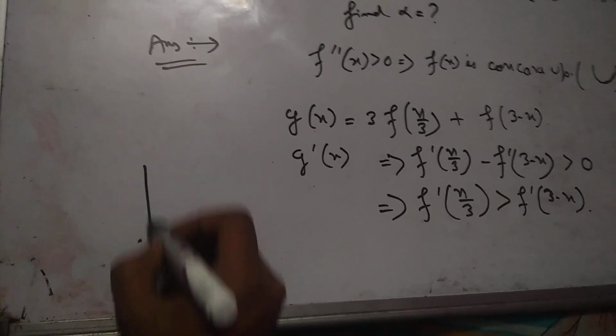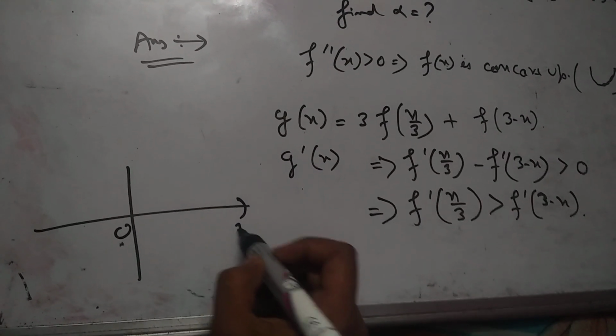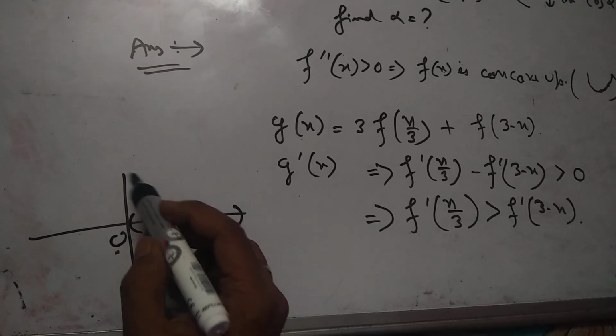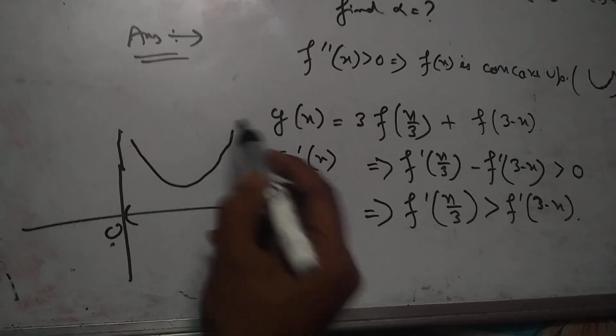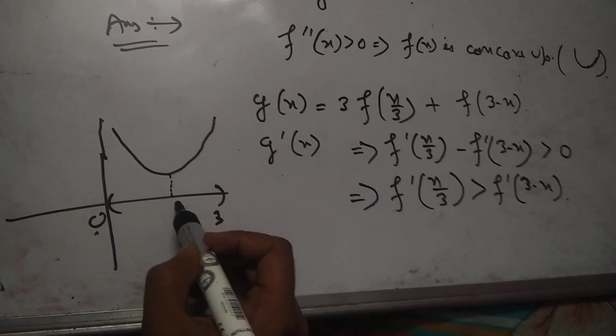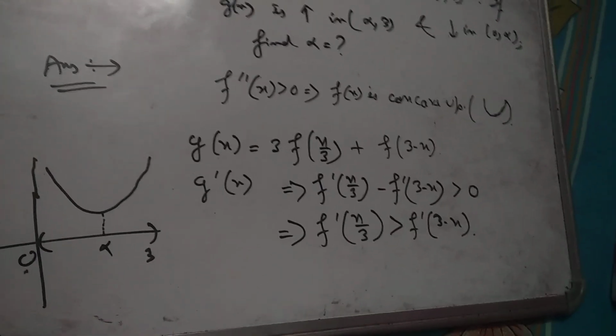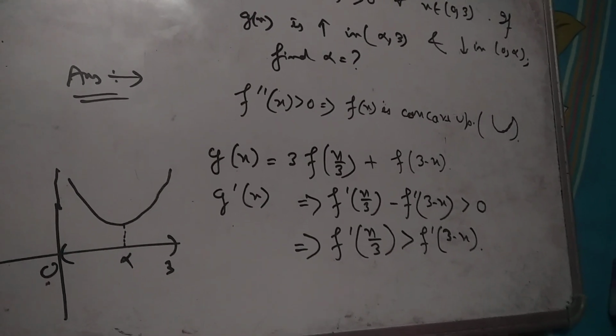Now if we draw the graph of f(x) from 0 to 3, it is somewhat concave up, right? Somewhat like this. So there will be a point where it is minimum, and that point is nothing but alpha.